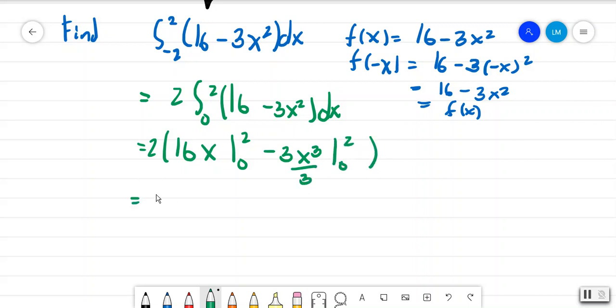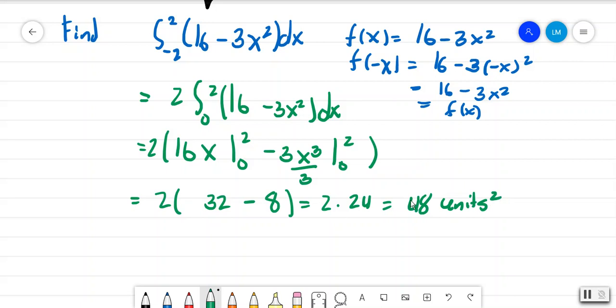So this is going to be 2 times 32 minus 8. So this is 2 times 24, which is equal to 48 units squared. All that we needed to do here was take the antiderivative of this and then just double it, from 0 to 2.